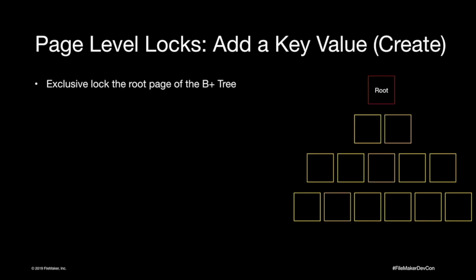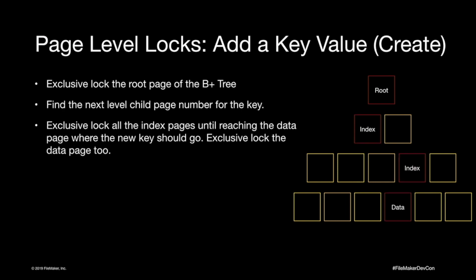So now, a little bit more complicated case. You're not actually reading, but you actually want to modify the value of a key value pair. So here, now, instead of locking the page in the shared mode, you take an exclusive lock on the root page. And then you look up the child number for the next level index page. Then you also lock the next level index page in the exclusive mode.